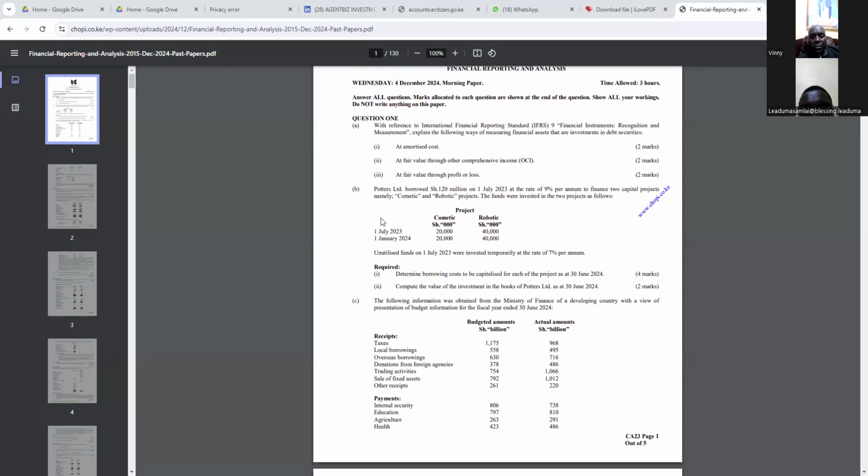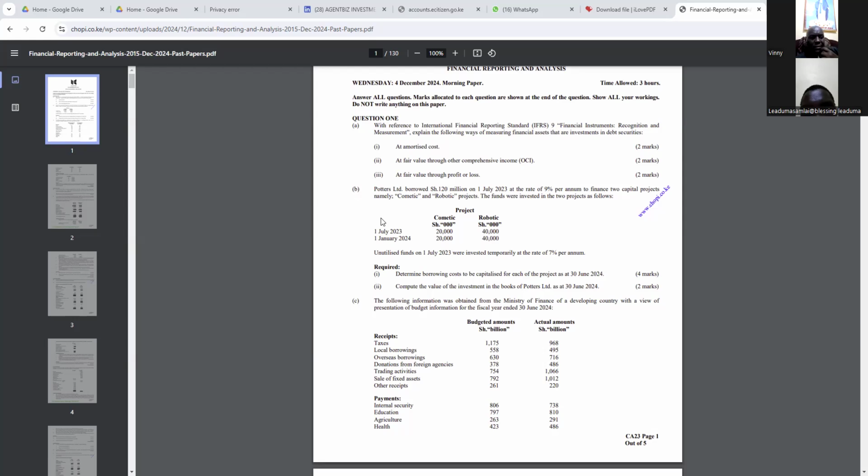Question 1B says that Potters Limited borrowed 120 million on 1st July 2023 at the rate of 9% per annum to finance 2 capital projects, namely the Cosmetic and Robotic projects. The funds were invested in the 2 projects as follows, with the respective months.